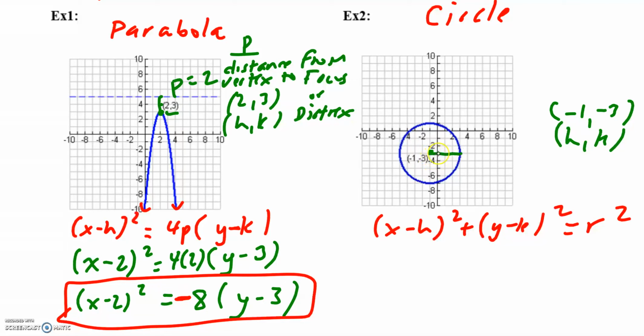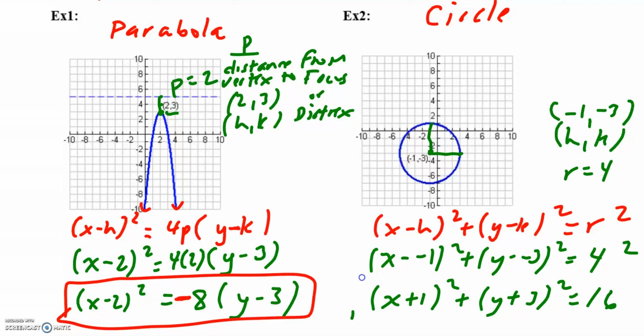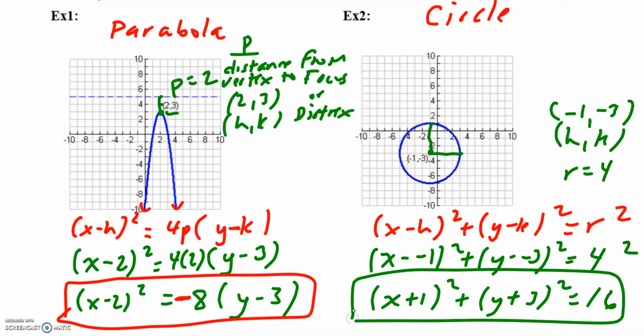If I want to count this way, it looks like my radius is 1, 2, 3, 4 units. If I even draw the radius upwards, 1, 2, 3, 4 units. So my radius is 4. So this one's actually pretty quick as well. I would have x minus -1 squared plus y minus -3 squared equals 4 squared, or even better, x plus 1 squared plus y plus 3 quantity squared equals 16. So this is my answer for number 2.